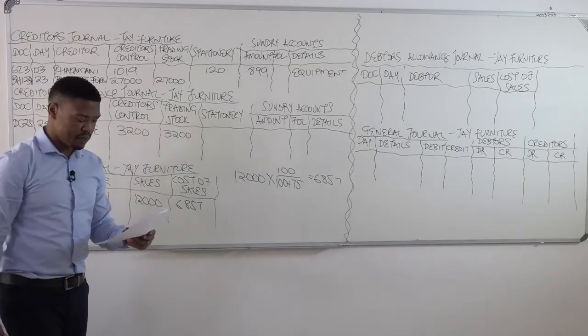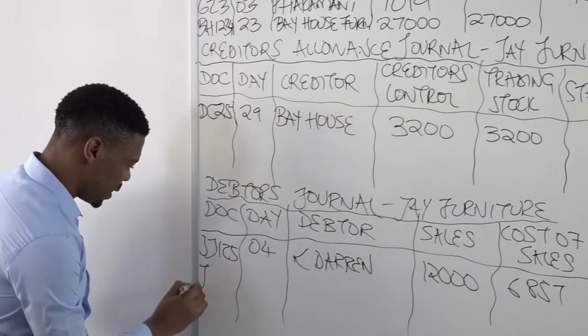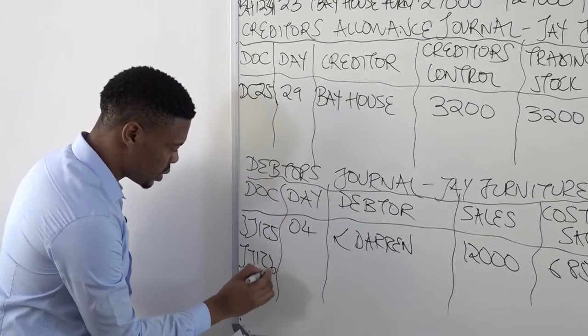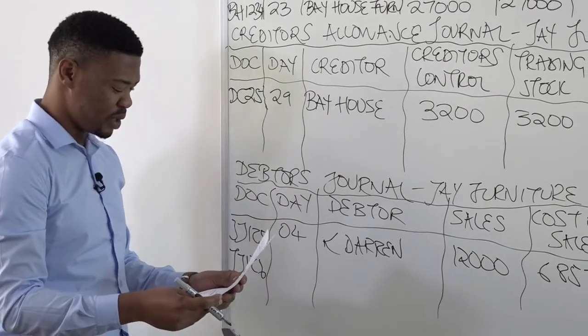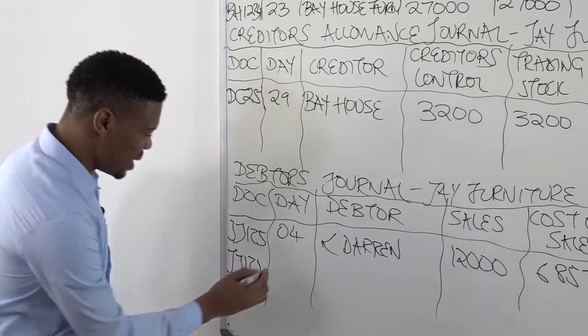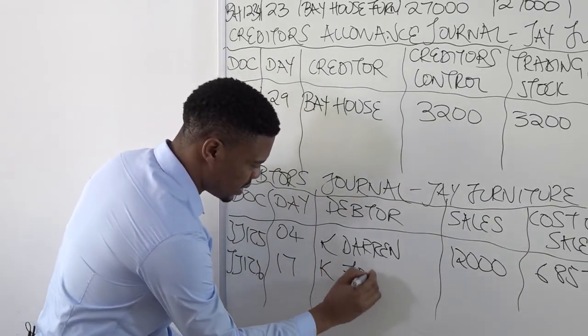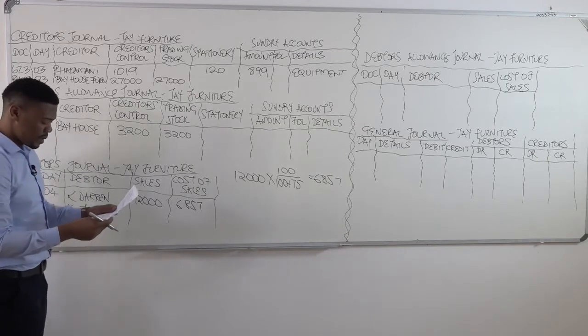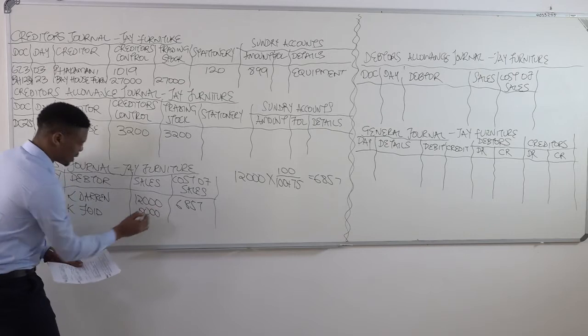That is one of our duplicate credit invoices. I will just do one more quickly. JJ126, and this was given to Karen or K. Zoid on the 17th of September. K. Zoid. The amount on that invoice was 8,000. We take that amount to sales.